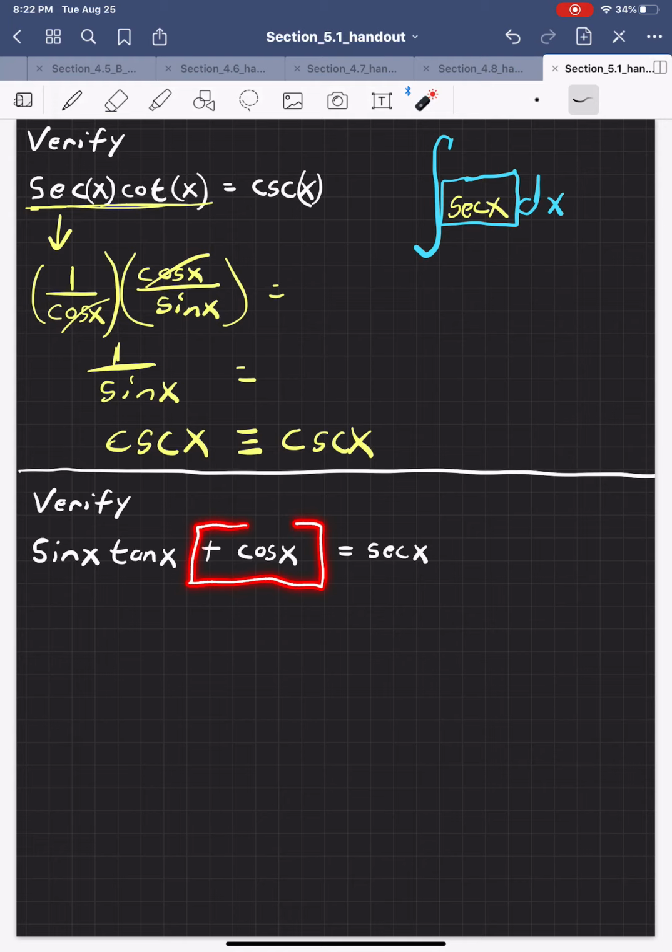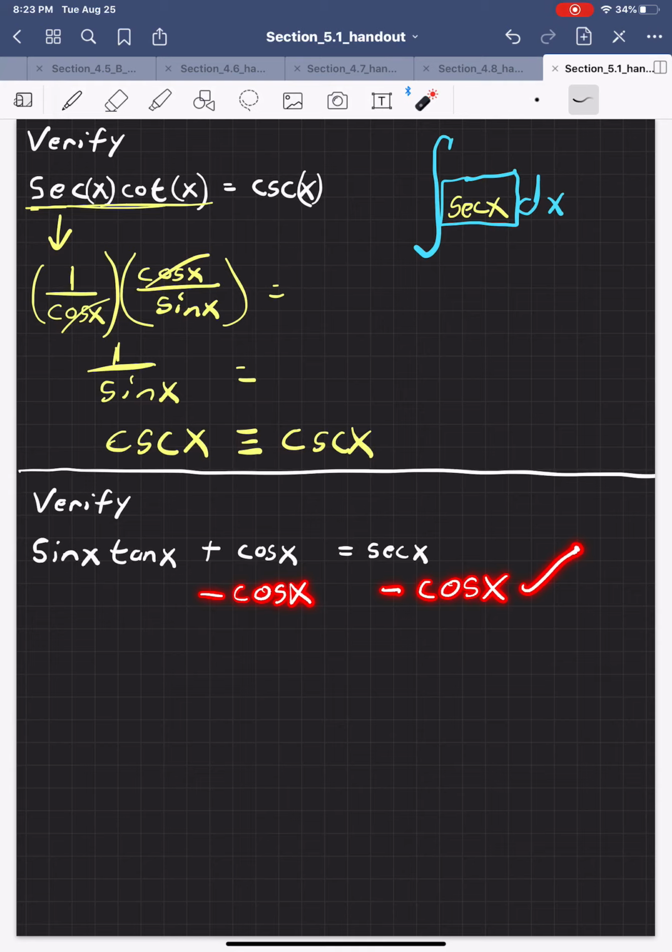So let's start. I understand that the rules of algebra allow us to, say, subtract cosine of x from this side and subtract cosine of x from this side. What I'm doing here is algebraically perfectly legal. But that's not the game that you're playing.